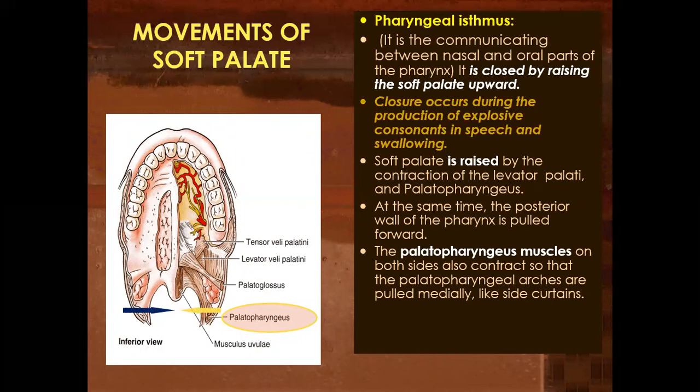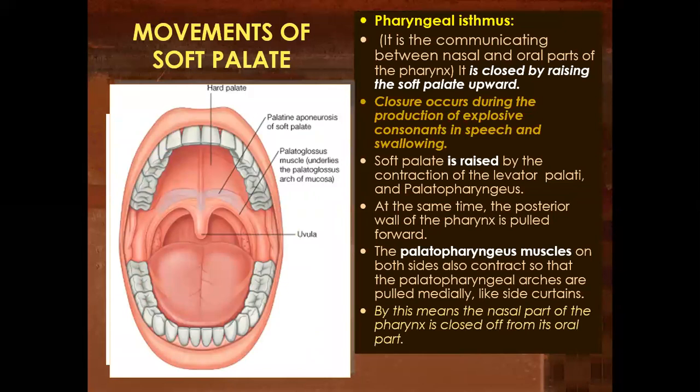Here the palatopharyngeus muscles move closer to each other and pull like a shutter, and it totally closes. So from above the soft palate is moving down and the palatopharyngeus is moving on the medial side, so it will totally close the communication.